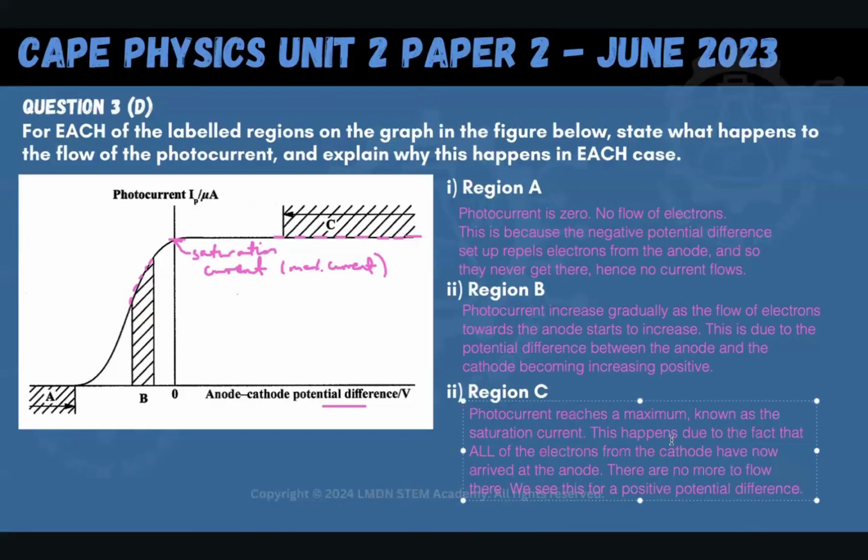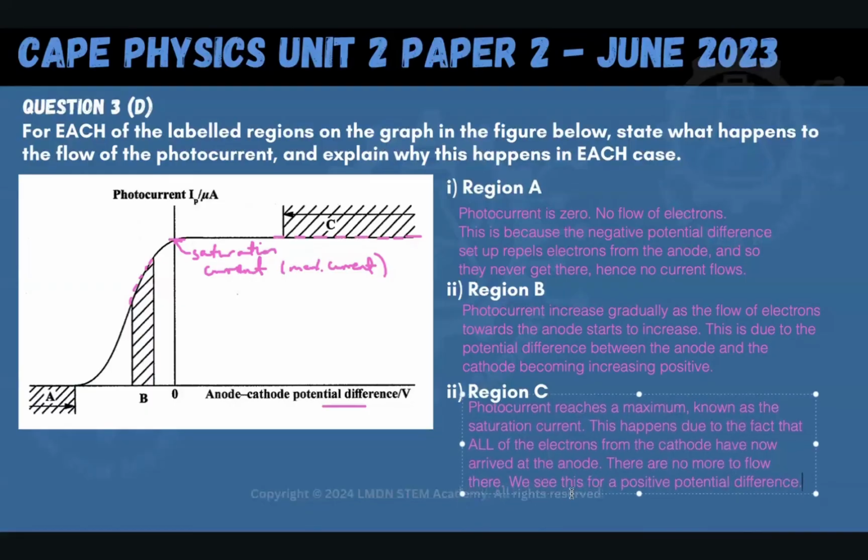And so the positive voltage values will always show a constant current once you get to saturation, known as a saturation current. So the rate of flow of charge is not changing because you've maxed out, and that's why your current doesn't change anymore. It just saturates.